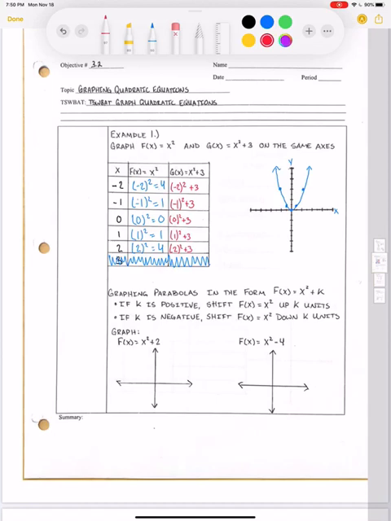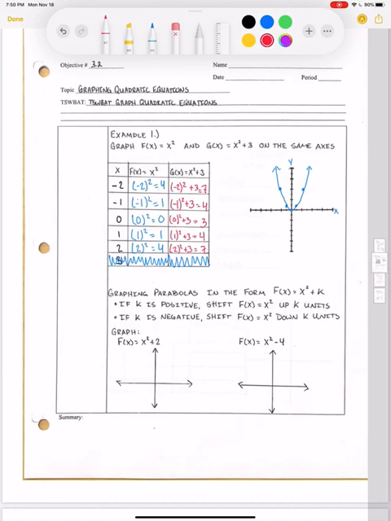So my values are going to be 7, 4, 3, 4, and 7. Okay, so I will have room for the 7s. So I'm going to go ahead and plot those points.